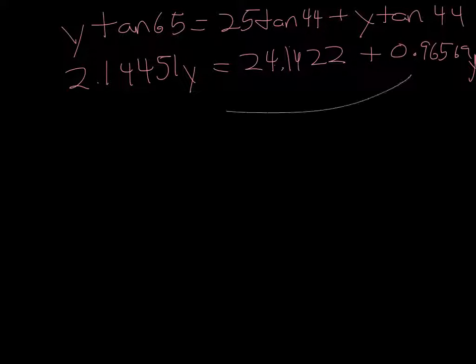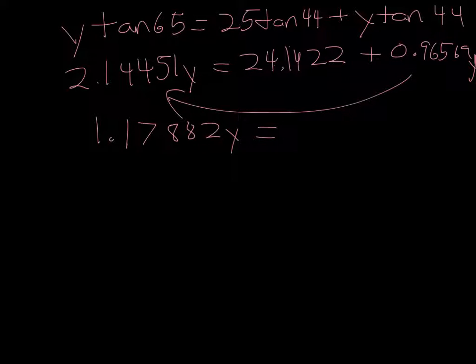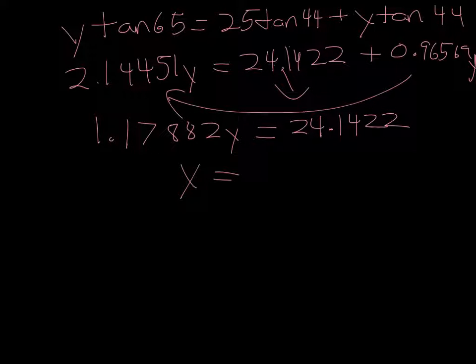Okay, so I need to subtract that y over from here, which will give me 1.17882y equal to this value, just bringing it down, 24.1422. Divide through by that coefficient of y to get 20.47997. That's the y value.